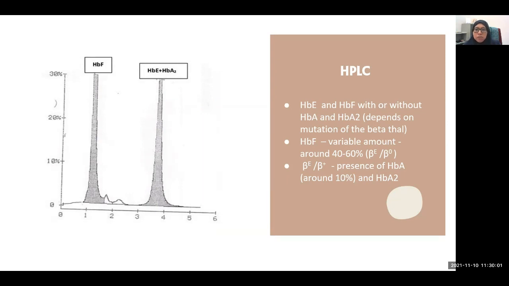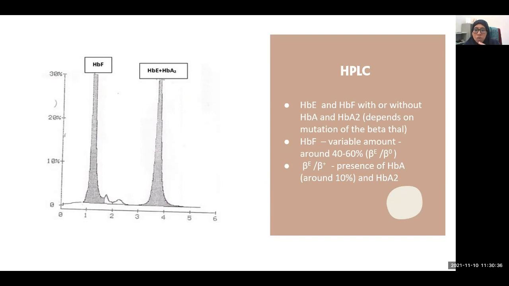For example, if we have HbE with beta plus, there will be some amount of HbA, so you can see some amount of HbA here. But if HbE is combined with beta naught, in which no HbA is produced, then you can only see HbE and also HbF in HPLC. Remember, in HPLC, HbE runs together with HbA2. In a normal individual, HbA2 is very, very low, less than 3.5%.